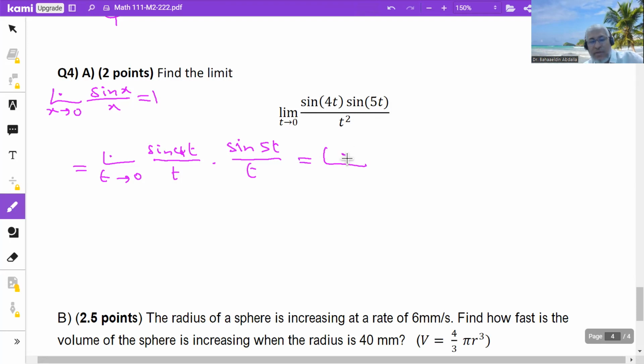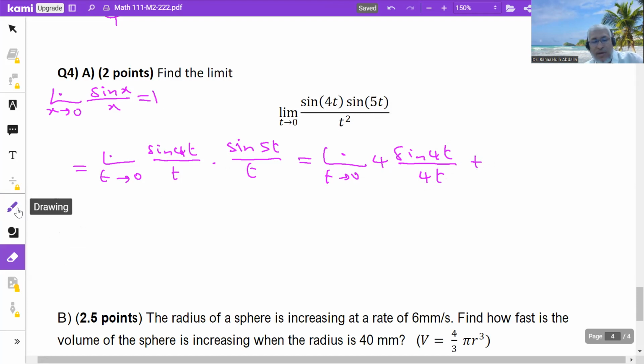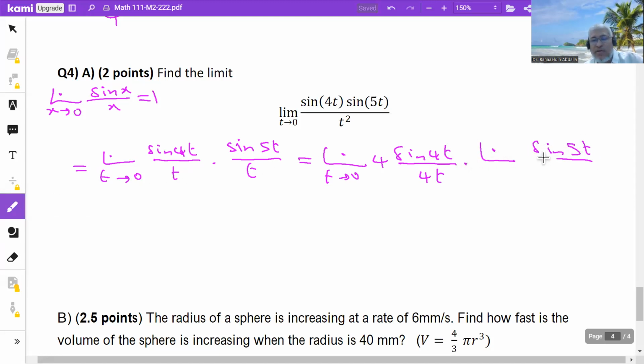And now I can write this limit, sine 4t. I need 4t here, 4t here. So the limit would be 1 because x over x is 1. I multiplied by 4 here, so I should multiply by 4 outside. This is multiplied by the limit of sine 5t over 5t times 5 when t approaches 0.